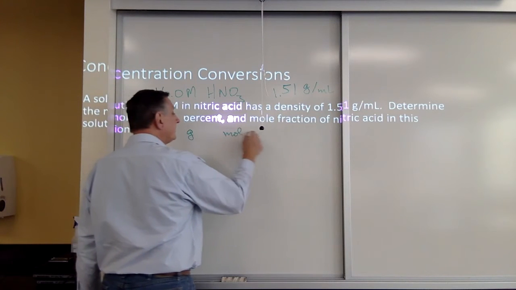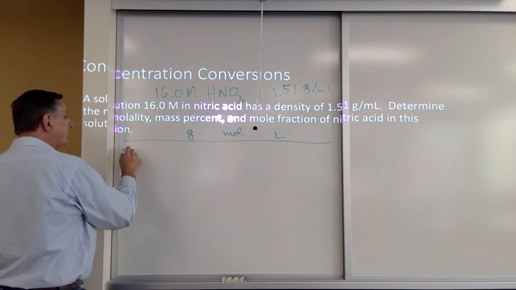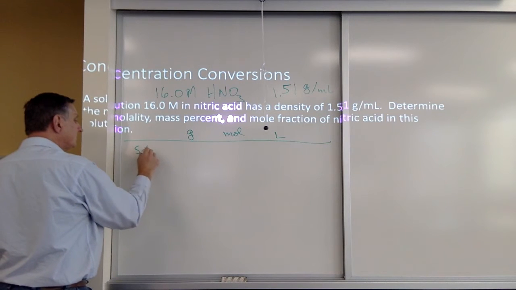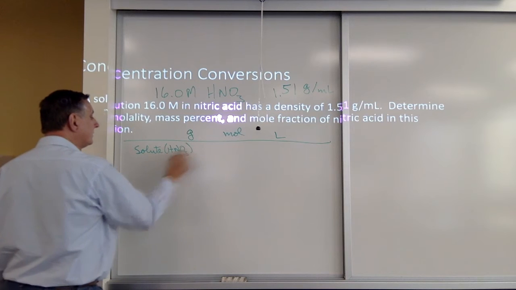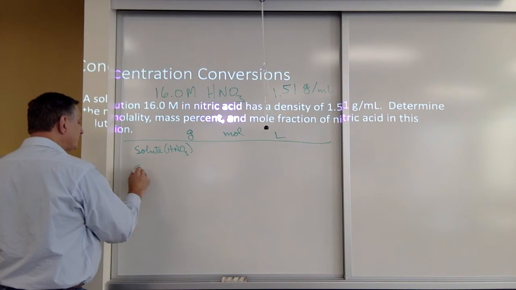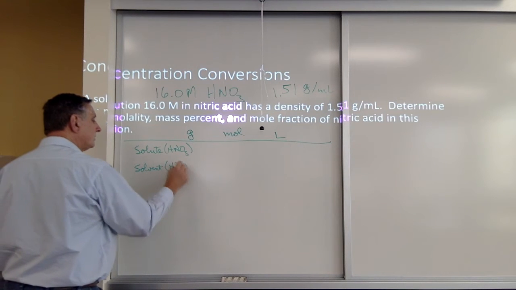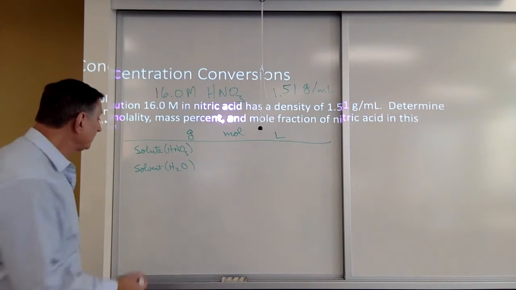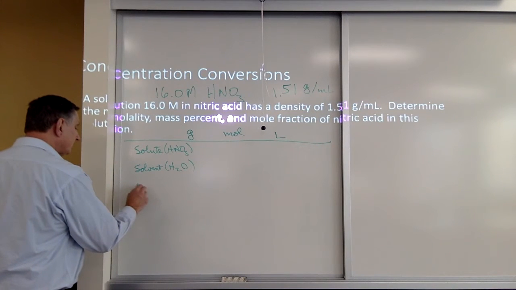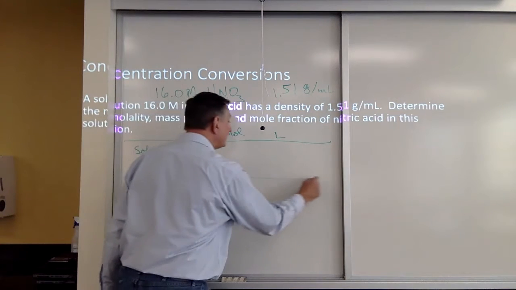Grams, moles, and volume. I'm going to start with solute, which here is HNO3. Then we have solvent, which is H2O, because water is always our solvent here. And then finally, the solution, which is the combination of the two.